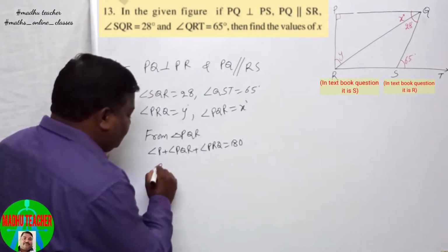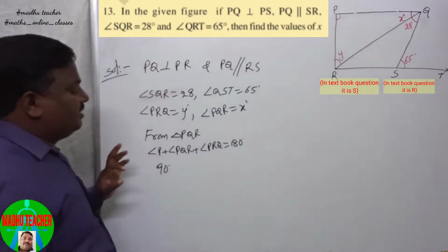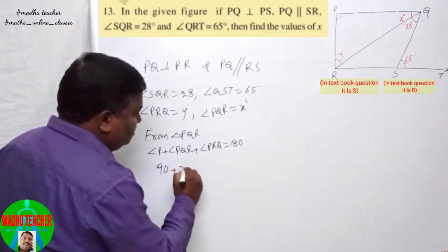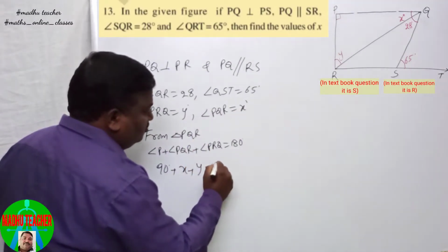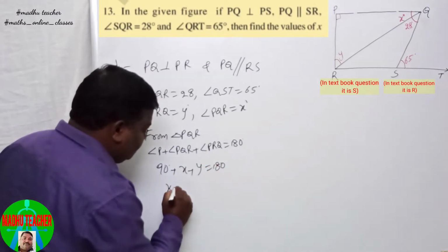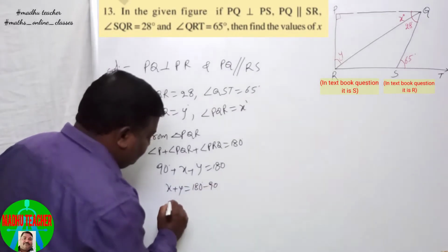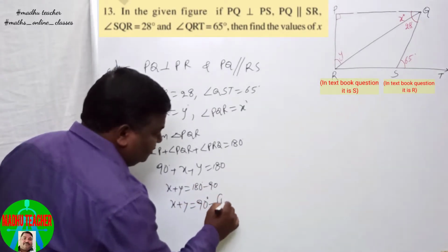Here angle P is 90 degrees since PQ is perpendicular to PR, given in the data. Plus angle PQR is x, angle PRQ is y, equals 180 degrees. x plus y equals 180 minus 90. x plus y equals 90 degrees. Let us call this the first equation.